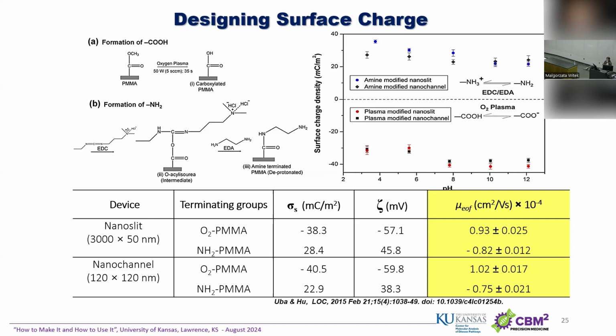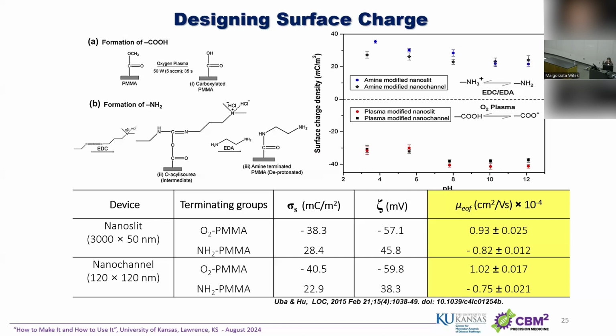So there are ways of designing the charge, and here's the reaction where you end up covalently attaching the diamine molecule on the surface, and you can see how this affects charge density and type of charge, whether it's positive, neutral, or negative.